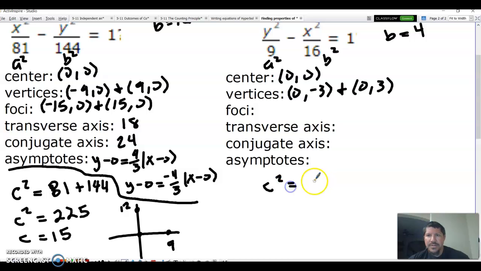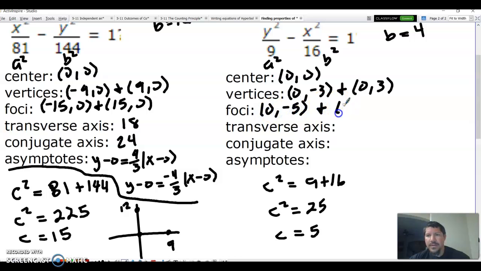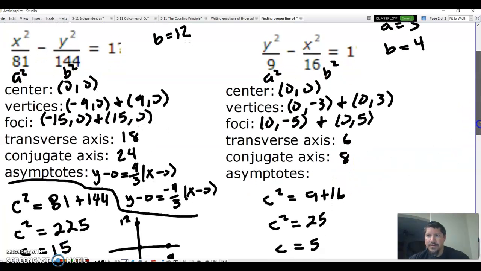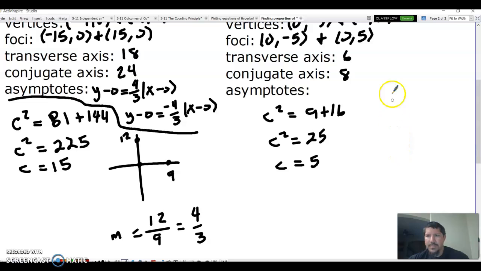C squared is equal to 9 plus 16, or 25, which makes C 5. So the foci are at 0, negative 5, and 0, 5. Transverse axis length is 6. That one is 8.